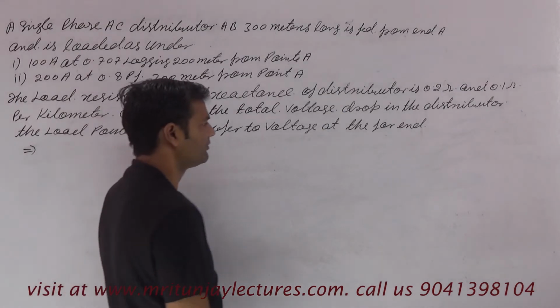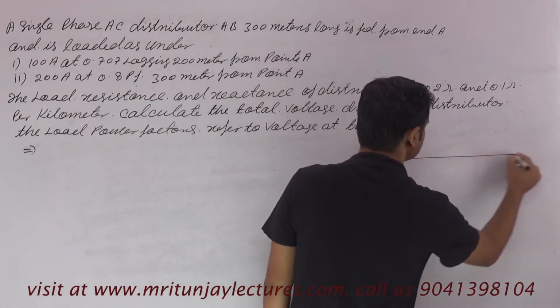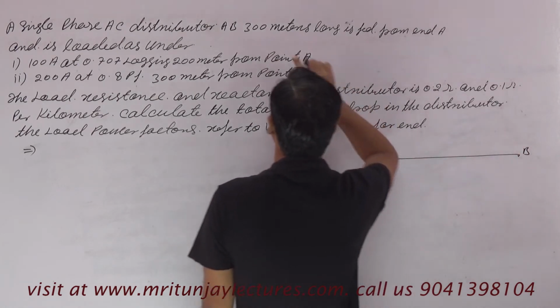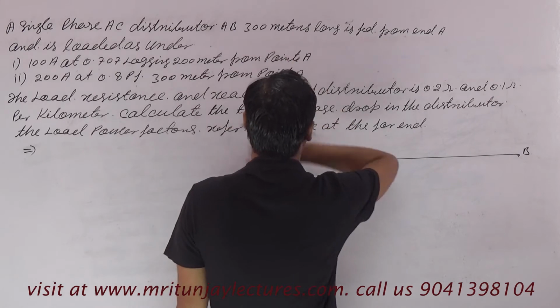Distributor AB. First of all, make the AB. That is A and that is B. 300 meter.